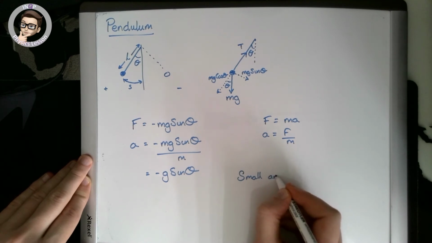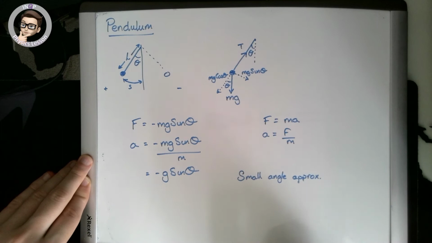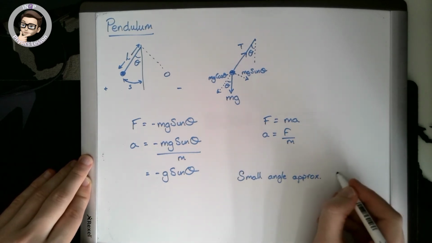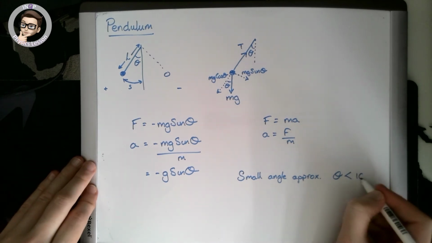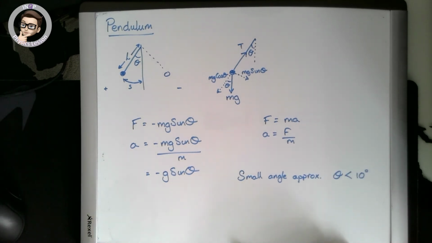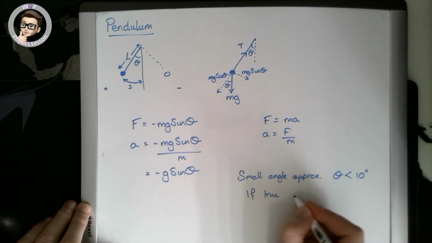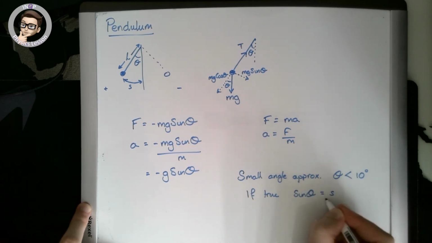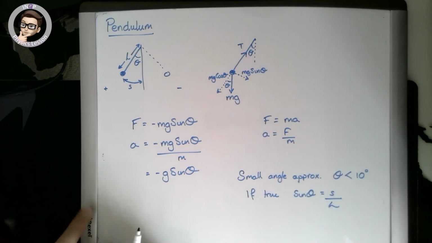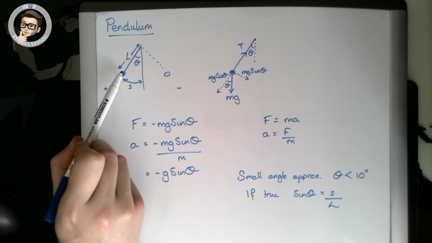And it's kind of a mathematical trick here. The small angle approximation says that theta has to be less than 10 degrees, roughly. It's got to be around that. And if that's true, then we can say that sine theta is going to be equal to s divided by L, because if we've got a small angle, then this is almost equal to the exact straight direction.